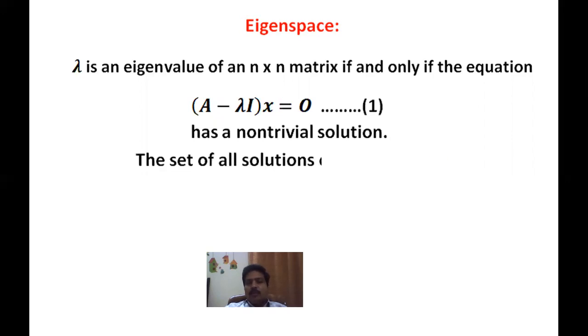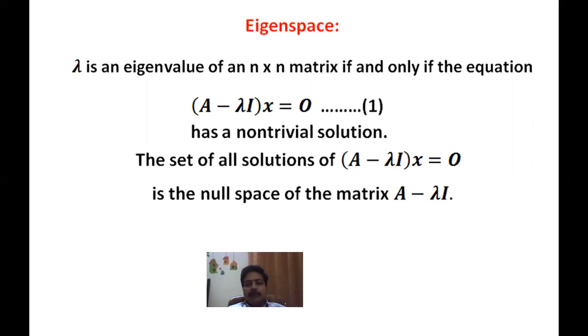So the set of all solutions of A minus lambda I x is equal to O is the null space of the matrix A minus lambda I. So if I take A minus lambda I as B, then the equation will be Bx is equal to O. So that is a homogeneous equation.